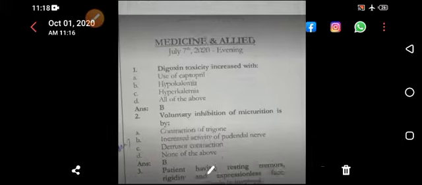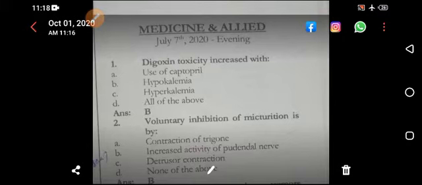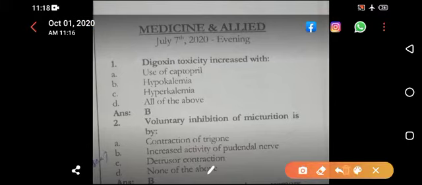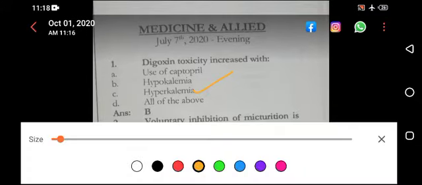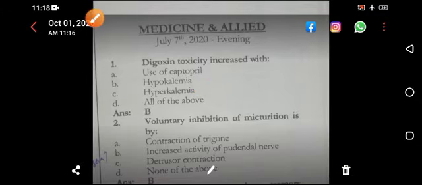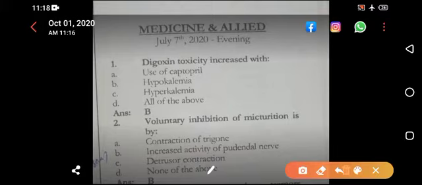This is the third paper. Digoxin toxicity is increased with, the answer is hyperkalemia. I already discussed in detail in my previous lecture that digoxin uses the sodium potassium ATPase.